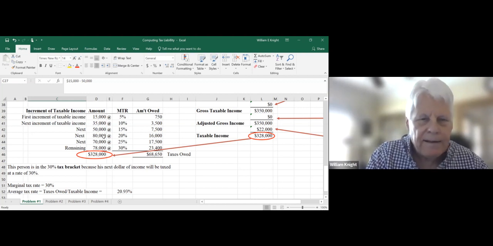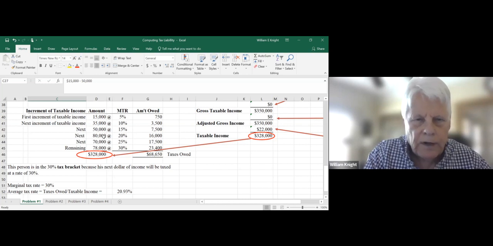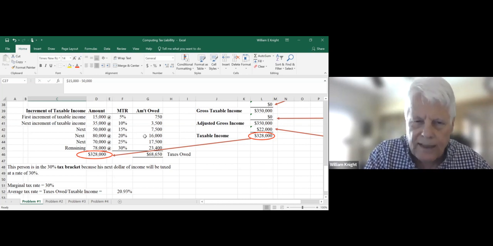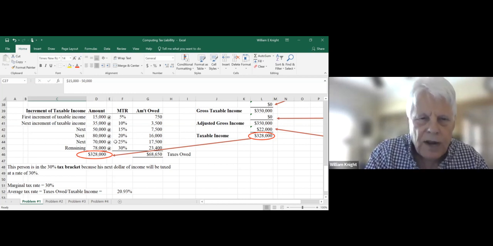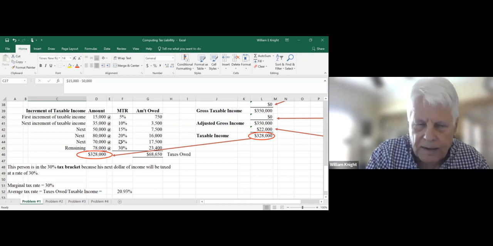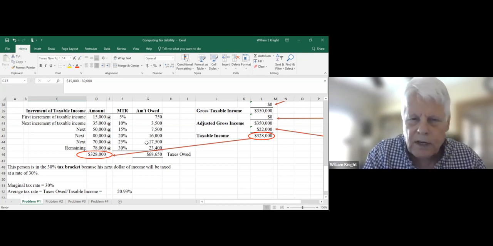The next $80,000 increment of income is going to be taxed at 20%, which means that he's going to owe $16,000 on that particular segment of income. The next $70,000 is going to be taxed at 25%, meaning that he's going to owe $17,500 on that increment of income.